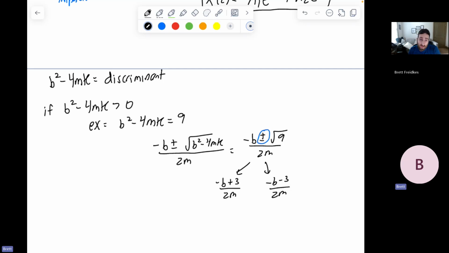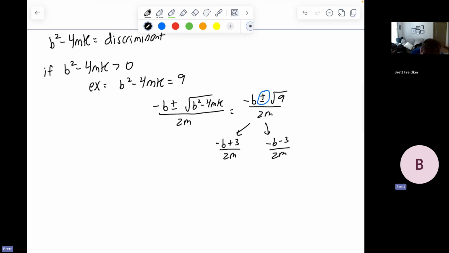And if the discriminant is positive, we end up taking the square root of some number, and we will add that number for one solution and subtract that number for the other solution. So in this situation, you see I have negative b plus 3 and negative b minus 3. These both are 2 distinct real roots.